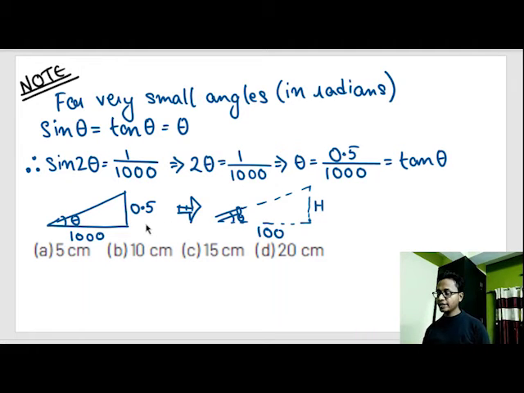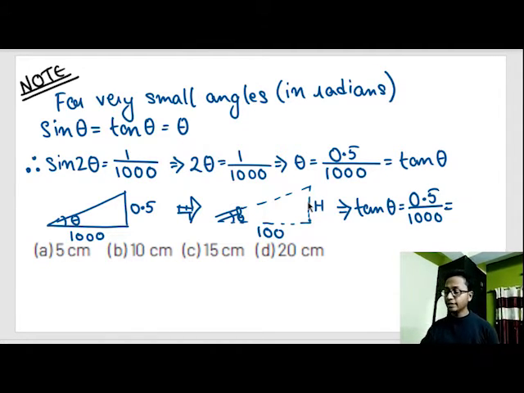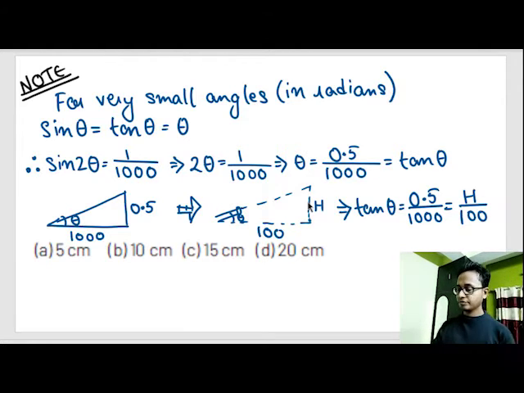So can I write tan theta of this is equal to tan theta of this triangle? Tan theta of the left triangle is 0.5 by 1000, and tan theta of the right triangle is h by 100. Tan theta is nothing but perpendicular by base.